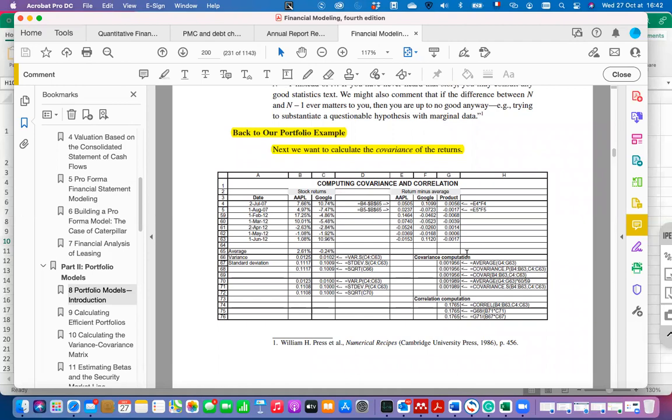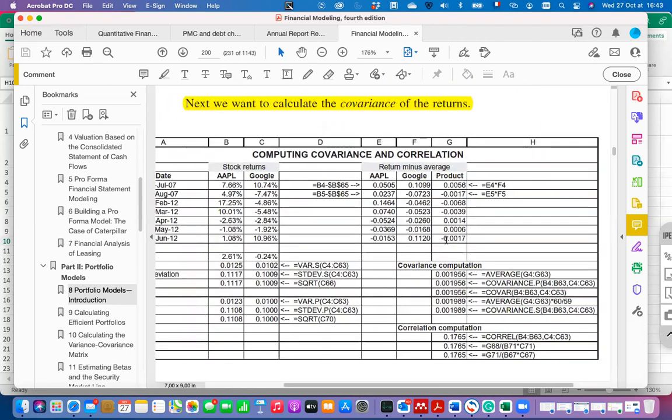So here is a demonstration, a very good example, about the difference between covariance for population and for sample. Let me be more clear.